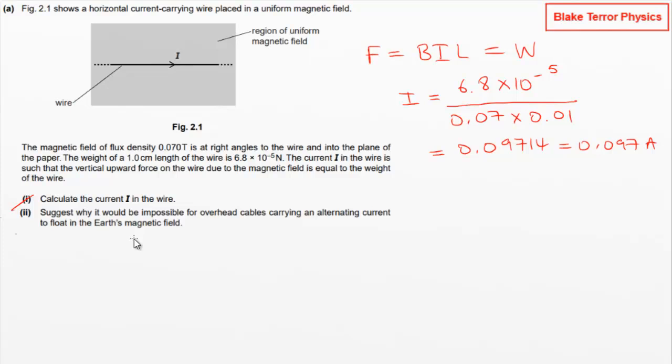Suggest why it would be impossible for overhead cables carrying an alternating current to float in the Earth's magnetic field. Well, this is because the force will keep changing direction as the direction of current changes.